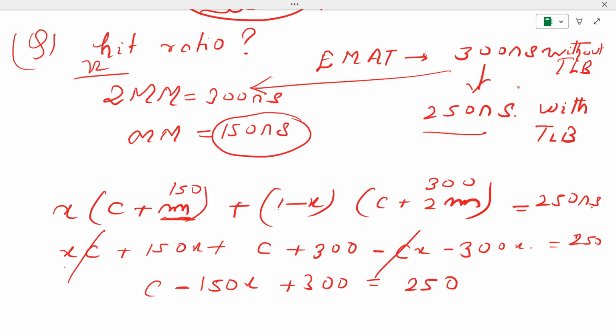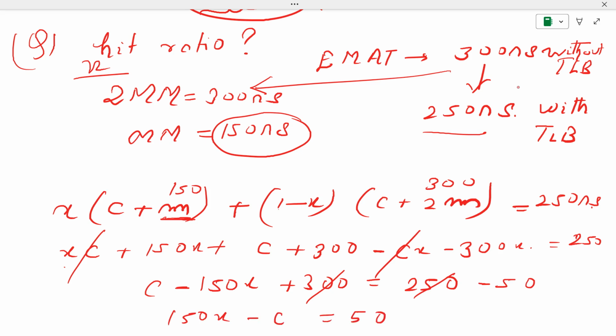So it becomes c plus 300 and xc minus 300, so we can take it here, and it becomes minus 50, or else we can write 150x minus c equal to 50.